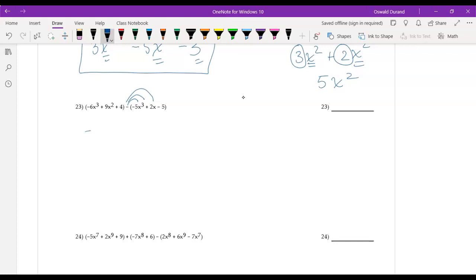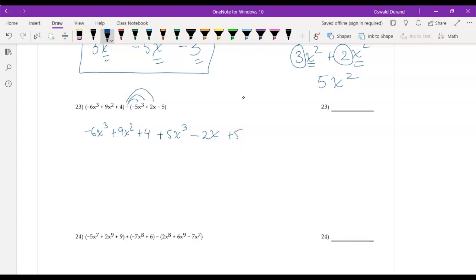So the first one is going to stay the same, negative 6x cubed plus 9x squared plus 4. Minus, well, it's not minus anymore because it's a double negative, so it's plus 5x cubed. And the negative times the positive is negative, so it's minus 2x. And negative times a negative is positive, so it's positive 5. Okay? So we are done here.